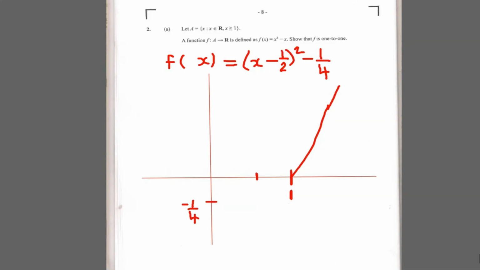So we draw f of x, and you can tell them this is the graph of f of x because it is defined for the domain where x is greater than or equal to 1. So this is x, this is y. Now what you're going to do is just put on a horizontal line.